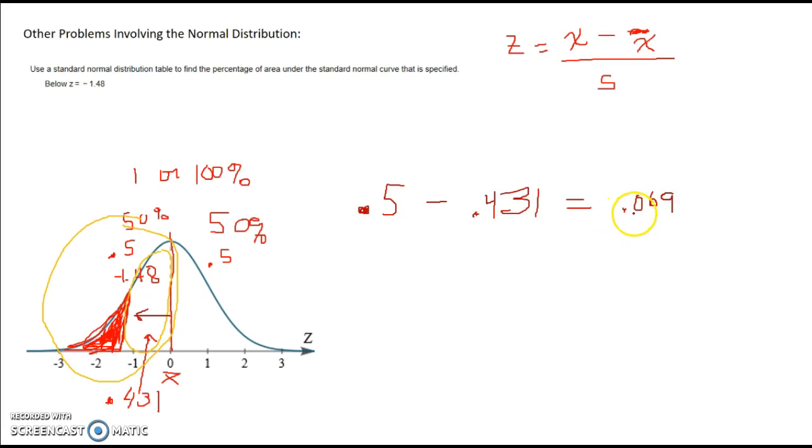That's the proportion of data below a z-score of negative 1.48. To change it into a percent, I move the decimal place over 2 places, and I have 6.9%.